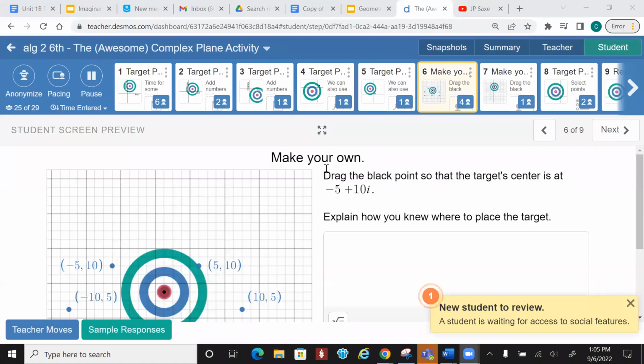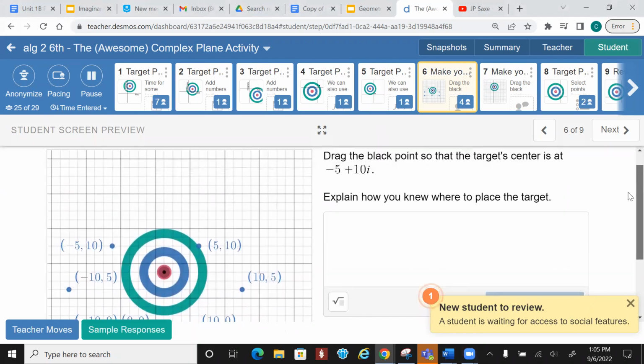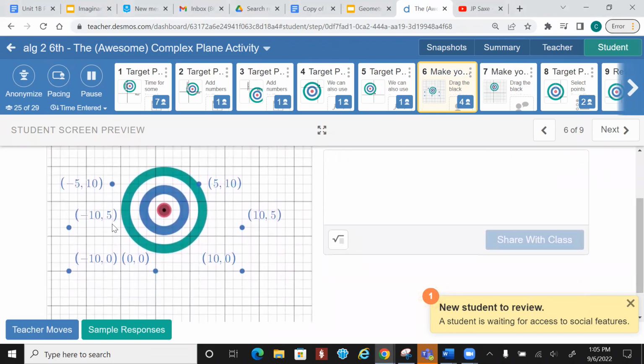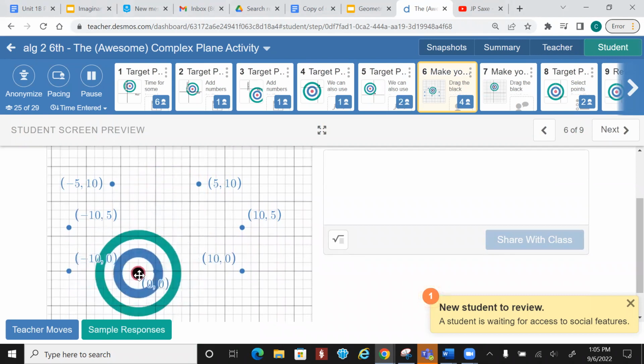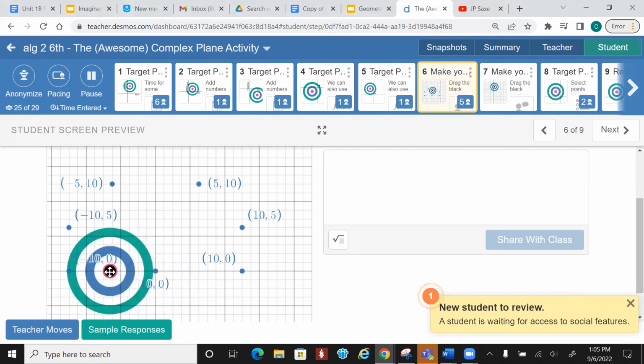Negative 5 plus 10i. So when I move this, I can scroll down. You're going to drag this black dot. You're going to go negative 5, so 1, 2, 3, 4, 5, and then plus 10i.